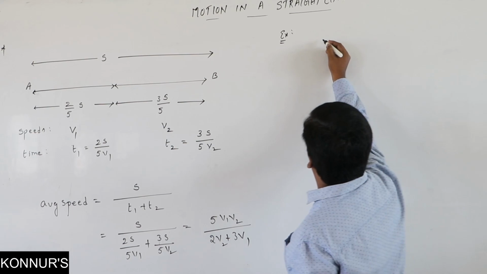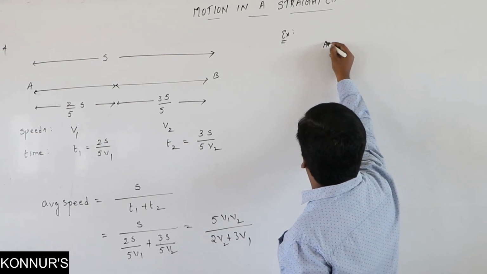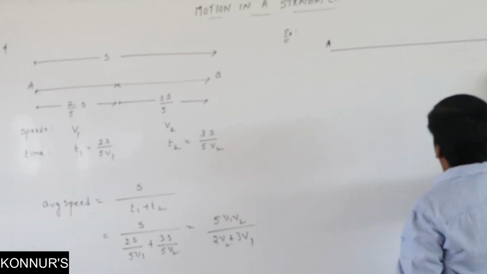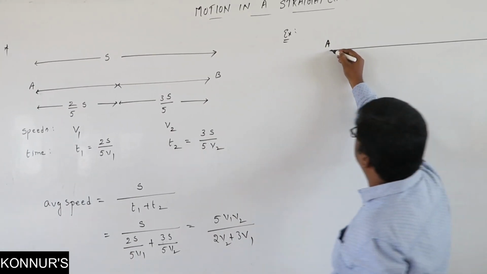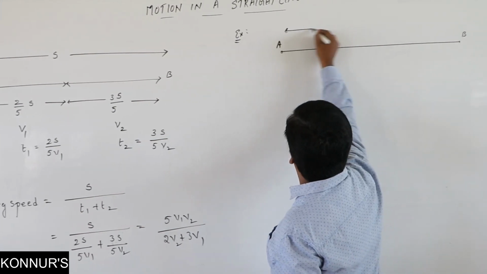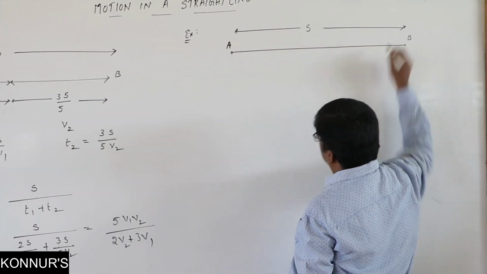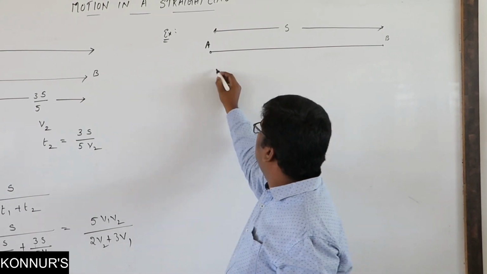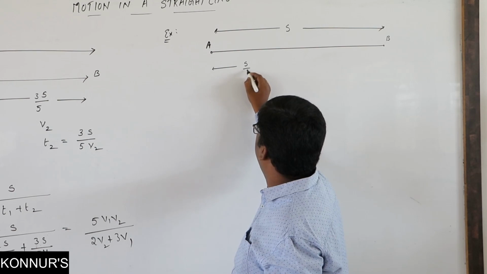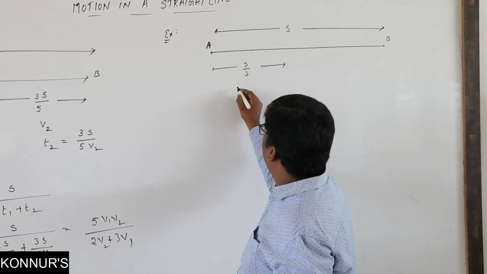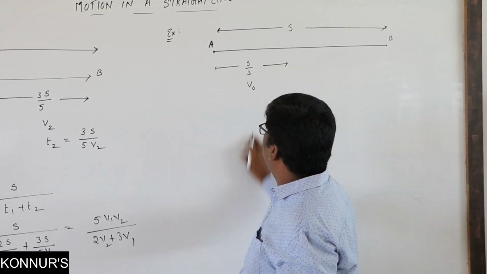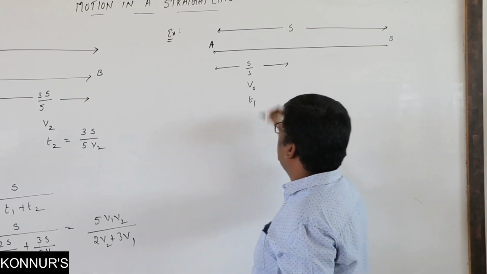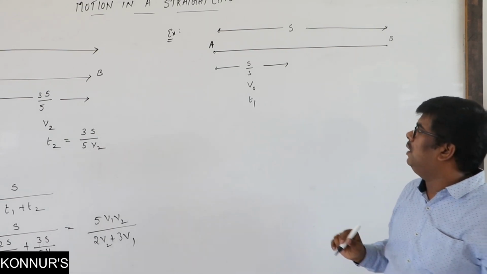Here a body is traveling from A to B, and the total distance let us take as S. In this, the first 1/3 of the distance, which is S by 3, it is traveling with a speed v0 in the time interval t1.